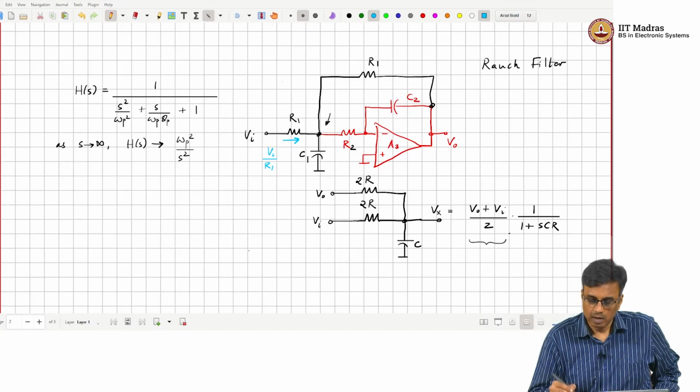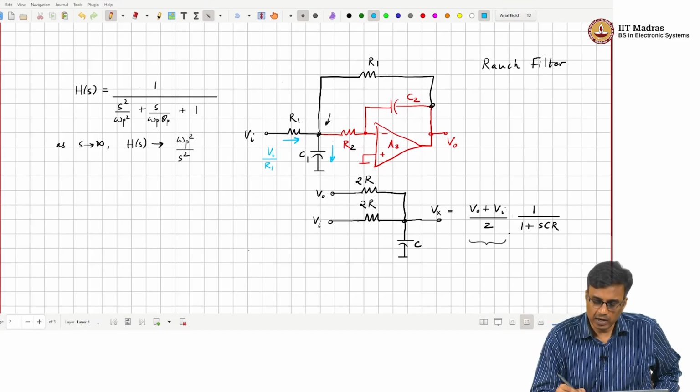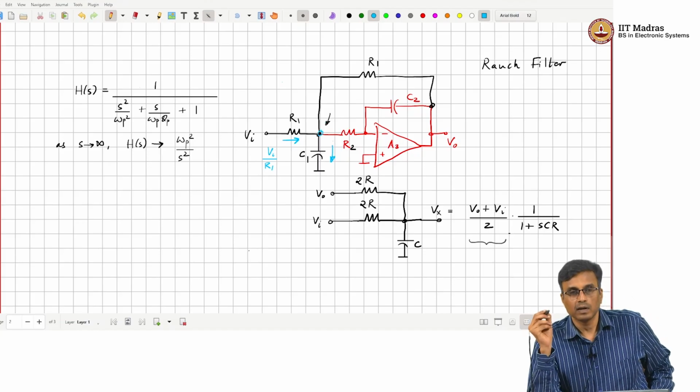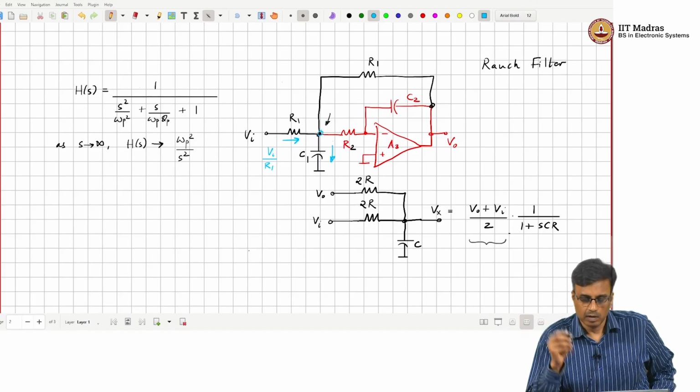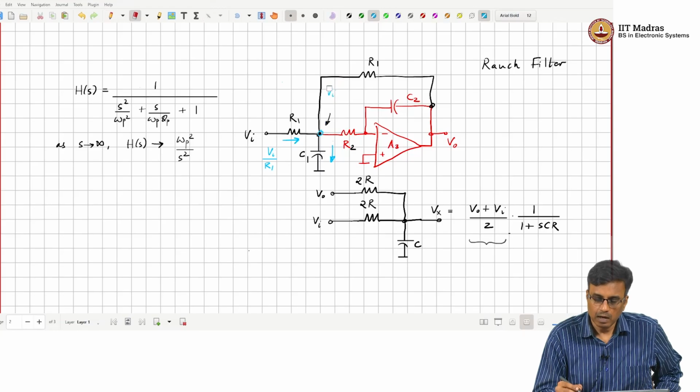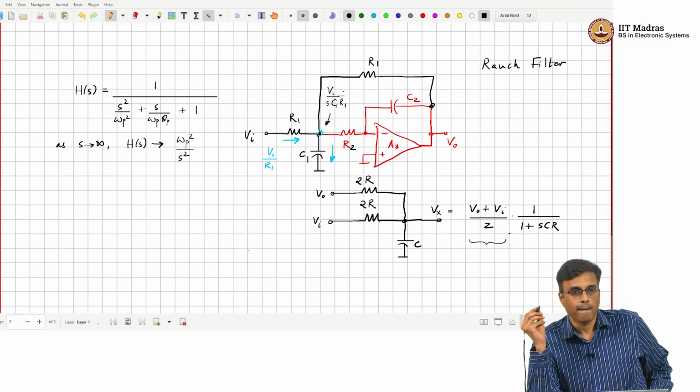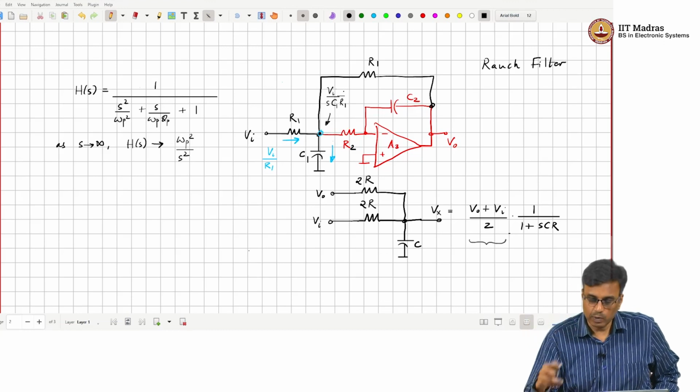Through C1. So what is the voltage at that node at high frequency? Vi by SC1 R1, correct? So what is VO at high frequency?